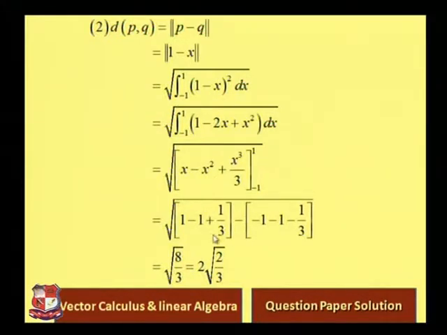If we directly subtract, the answer is root 8 by 3. Taking 2 common, since the square root of 8 is 2 root 2, so 2 into square root of 2 by 3 is the distance between the two vectors 1 and x, because P is 1 and Q is x. This is the last answer.